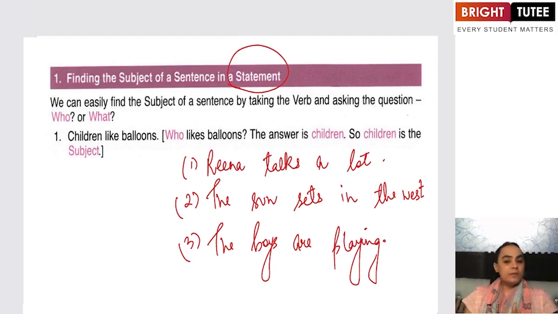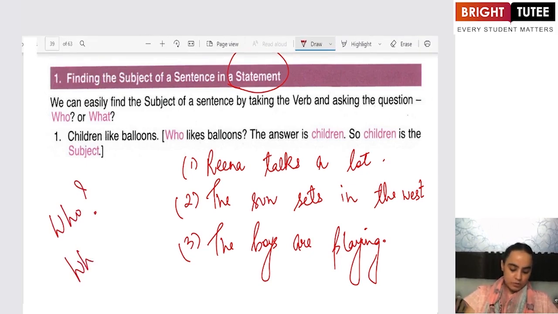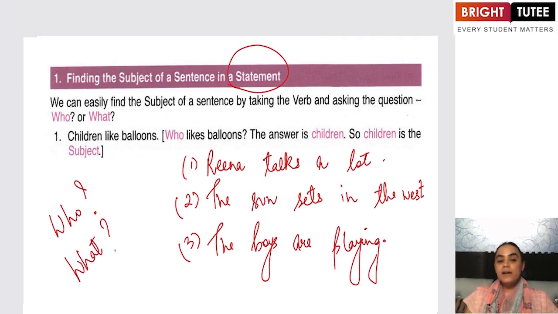How do we identify a subject in a statement? By asking the question who and what. So we are going to ask the question who and what, and the answer that we get is my subject. Let us talk about the first sentence. Who talks a lot? Reena. So my subject is Reena.